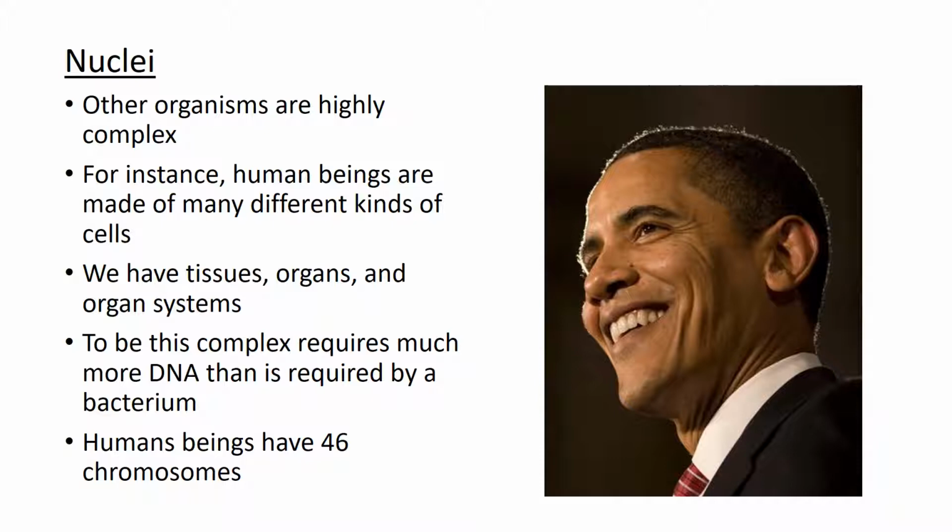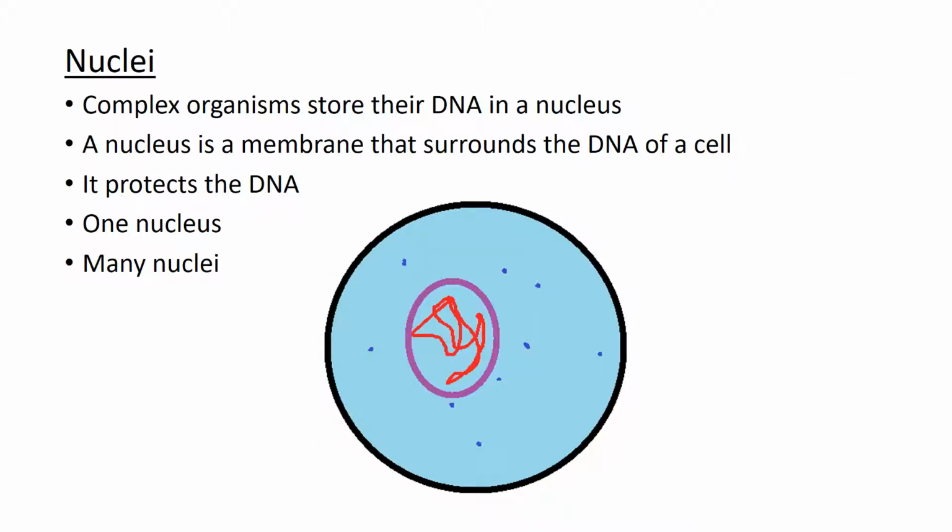In fact, we have 46 chromosomes, 23 pairs of chromosomes. Complex organisms store their DNA in a nucleus, and a nucleus is a membrane that surrounds the DNA of a cell, and it protects the DNA. In this image, the purple oval surrounding the red DNA, that's the nucleus.